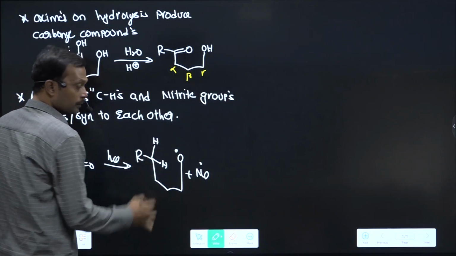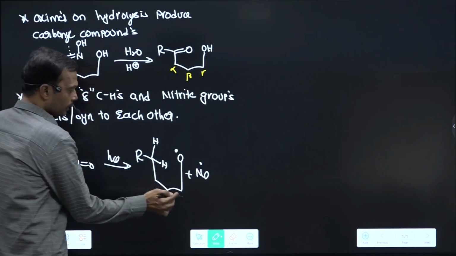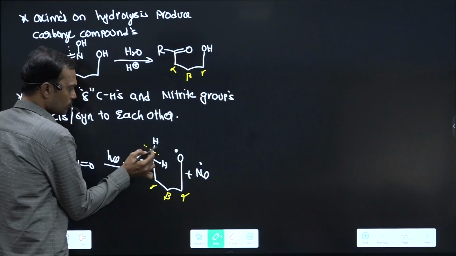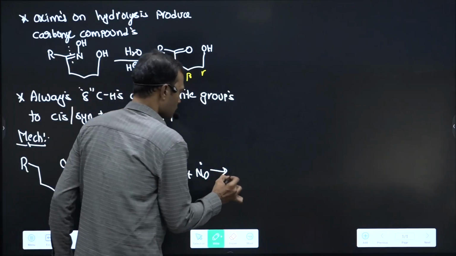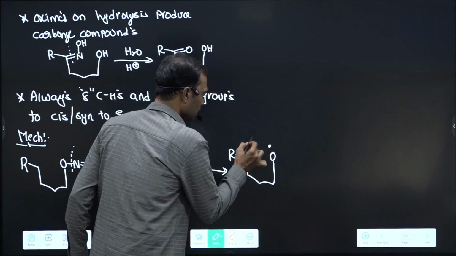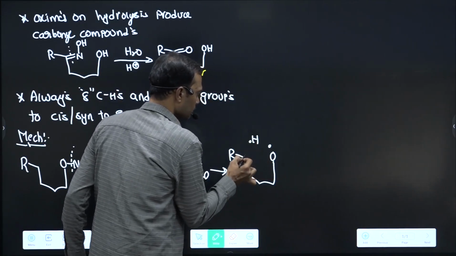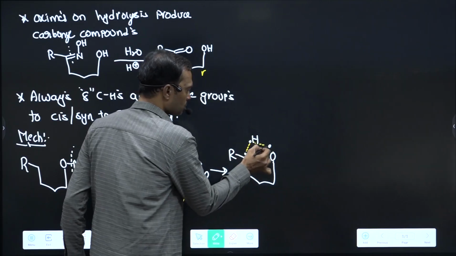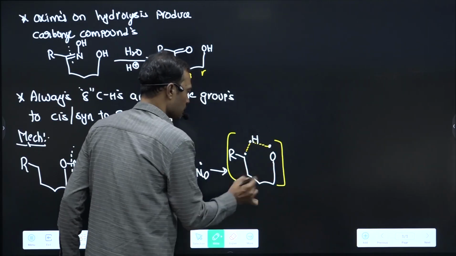Here how many hydrogens are there? 2. Is it delta? Alpha, beta, gamma, delta. Remove one hydrogen. This hydrogen is transferred from delta position to the alkoxy radical. Here one radical is there, so it will stabilize this. It is a transition state.